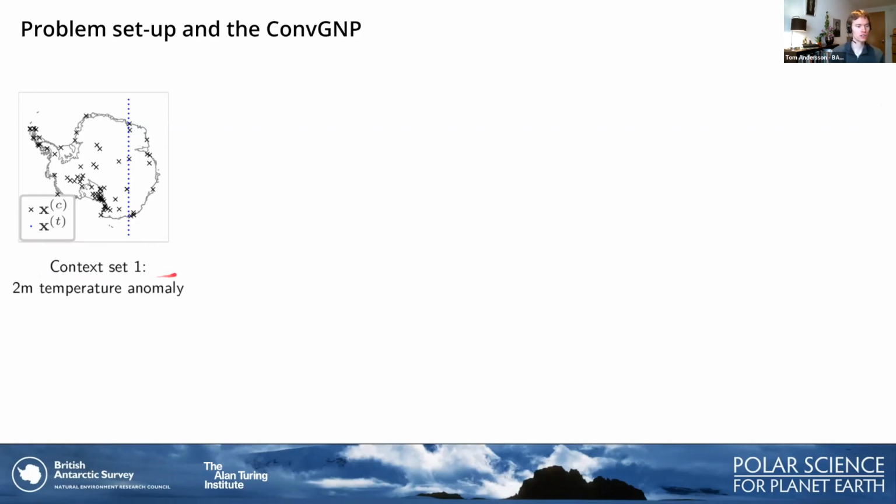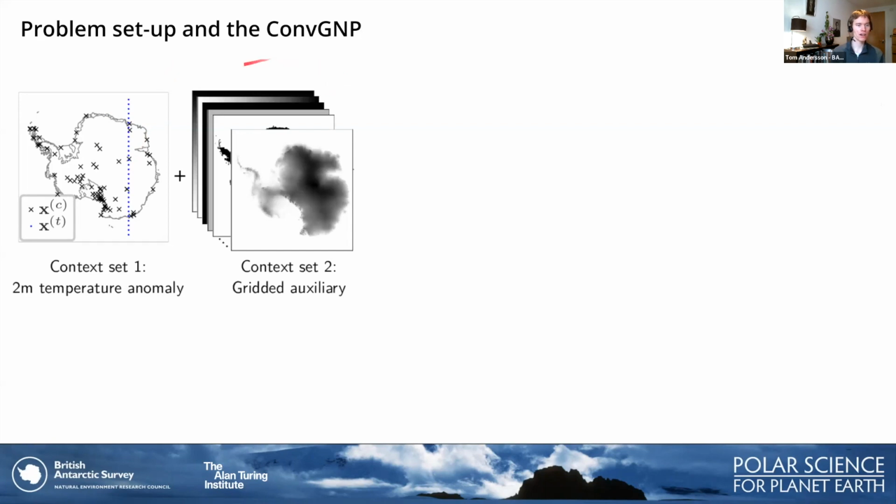So we're going to call this a context set, but we can also consider it a data stream. So we have this data stream of temperature observations of these black crosses. And let's say we want to predict at a vertical line of points indicated by these blue dots running through the continent along here. So we have these black crosses with which to inform our prediction at these target points.